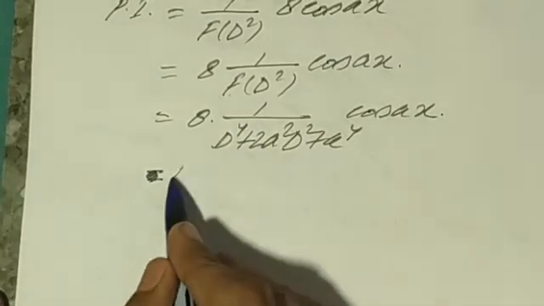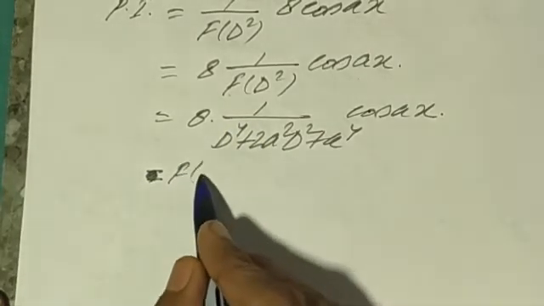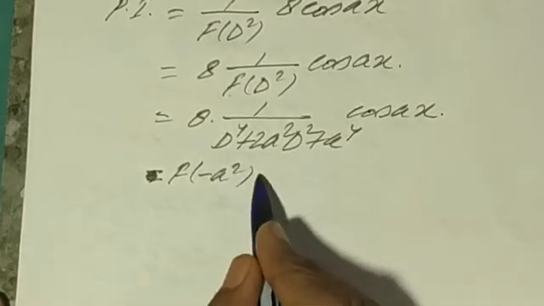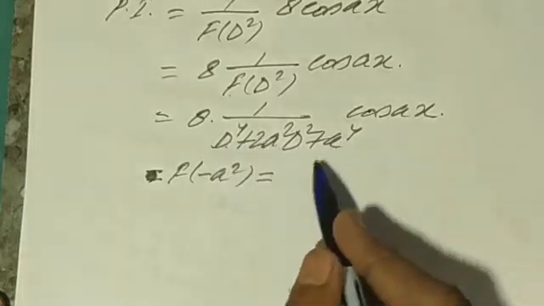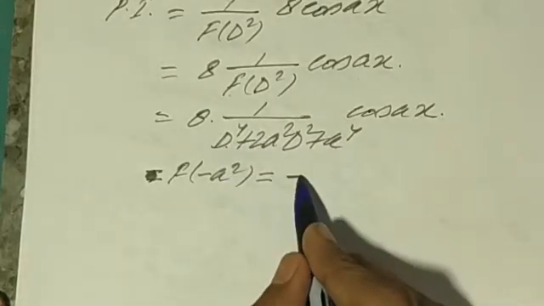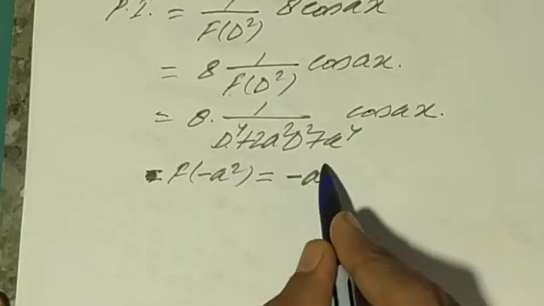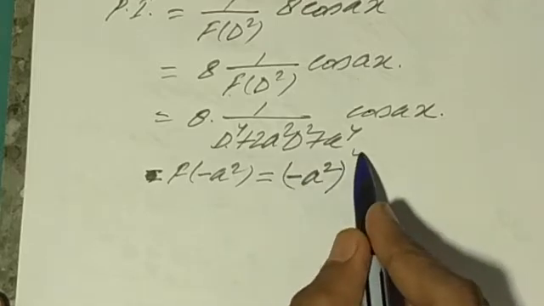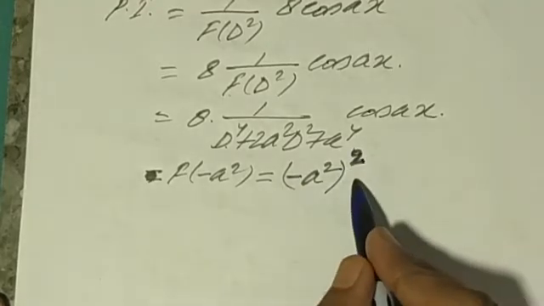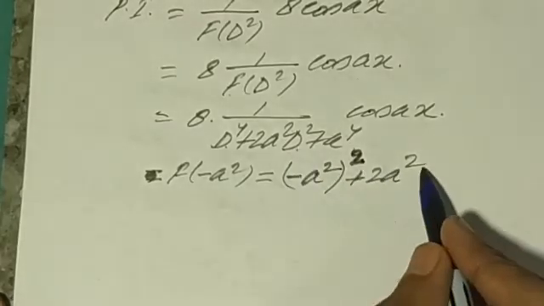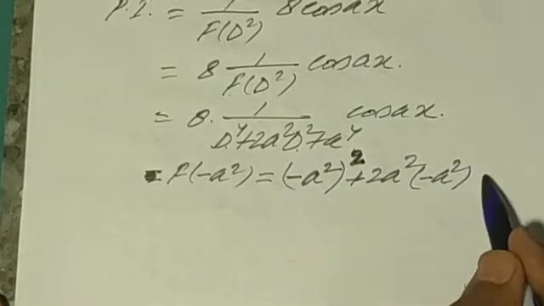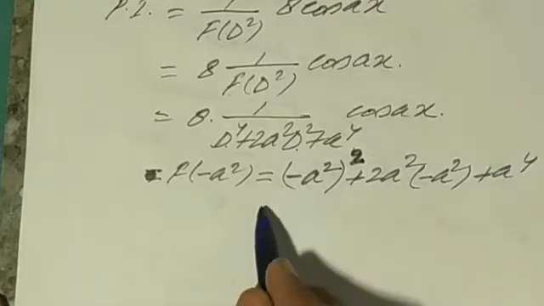So f(-a²), that is, this D raised to power 4 may be written as (D²) whole squared. So (-a²) whole squared plus 2a², and here D² is minus a², plus a raised to the power 4.